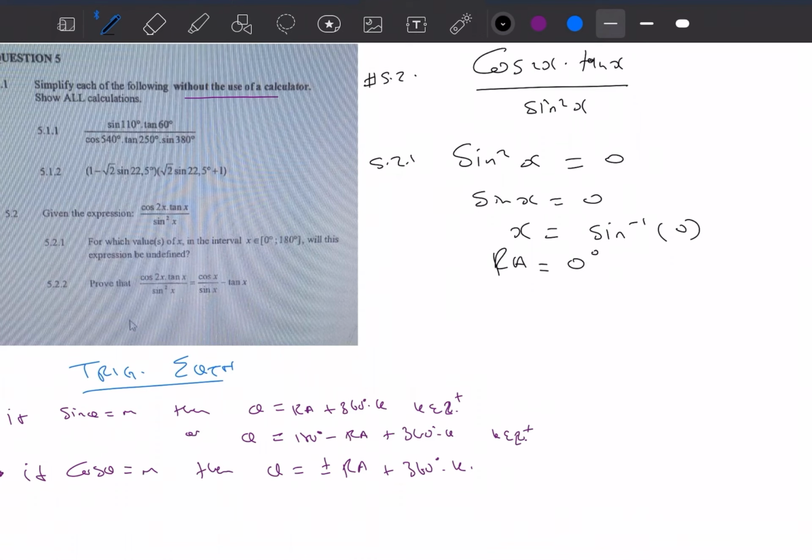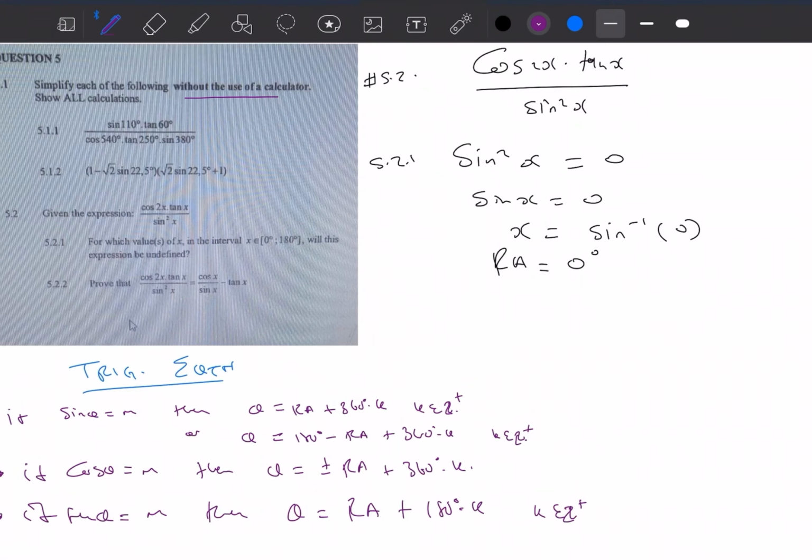If it's tan theta is equal to m, then theta is equal to a reference angle plus 180 times K. So it varies and differs.